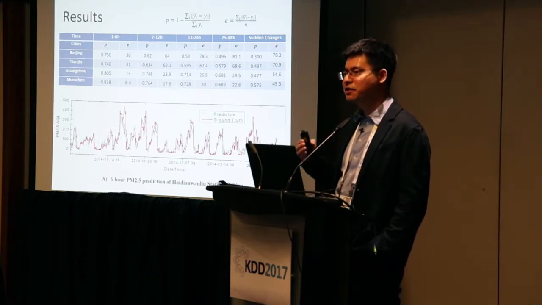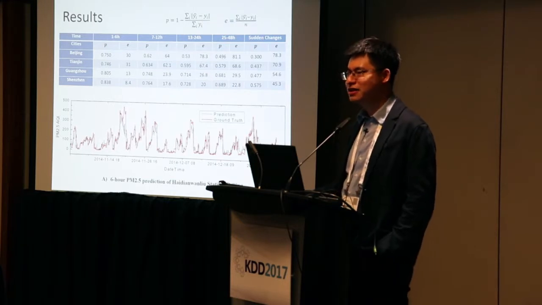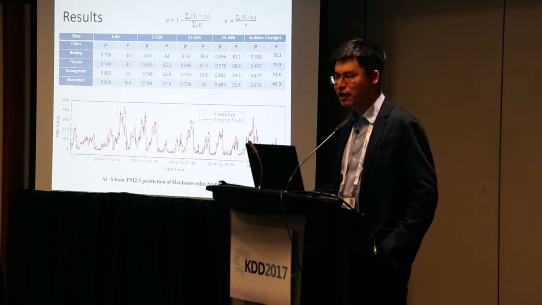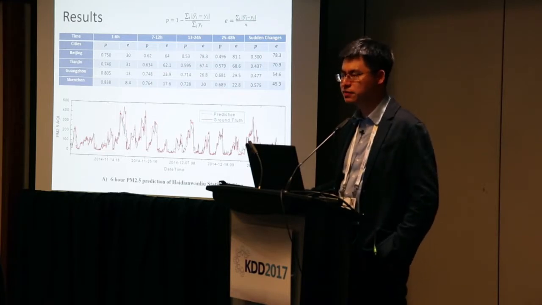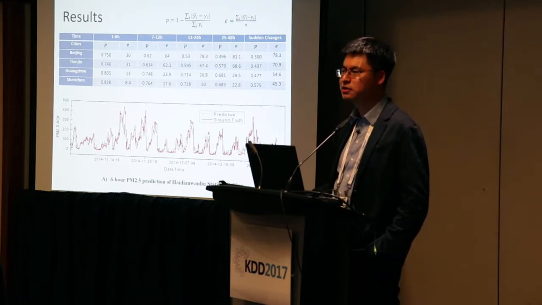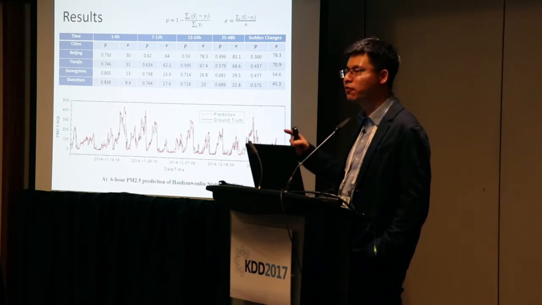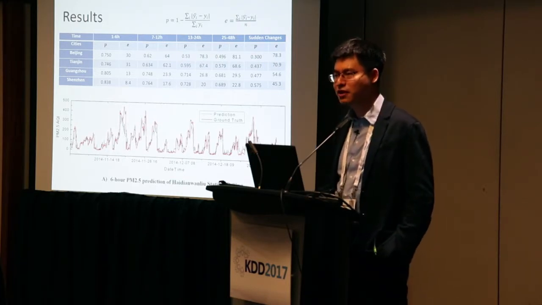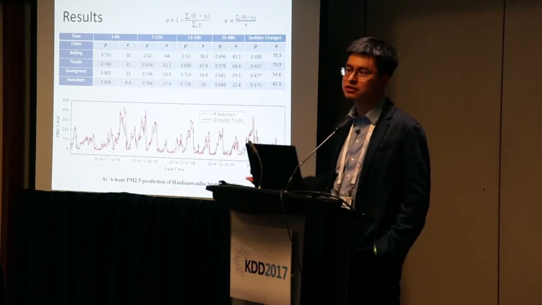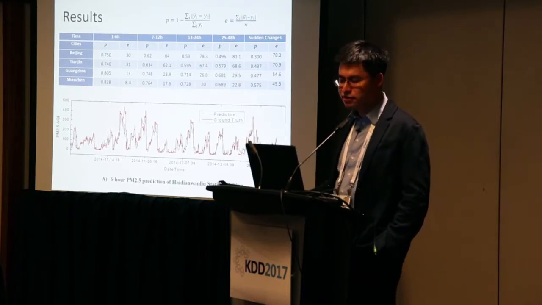The accuracy for weather forecast over the next 24 hours is only 40%. You might not realize that. We have communicated with the experts working in weather forecast, the accuracy is only 40% accurate for 24 hours weather forecast. And the weather forecast is the input of our model. And we can do 50% accurate over 48 hours. So you can see the magic of the model.